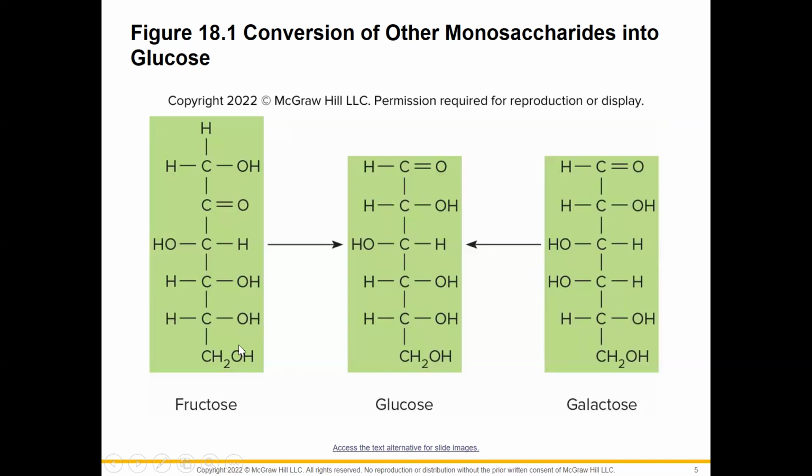And with your fructose, instead of having the double bond there, you have a double bond in a different place, and that OH is moved to a different carbon. So by shifting some of the oxygen and hydrogens, you create glucose, and it's that glucose that can go through the glycolysis process.